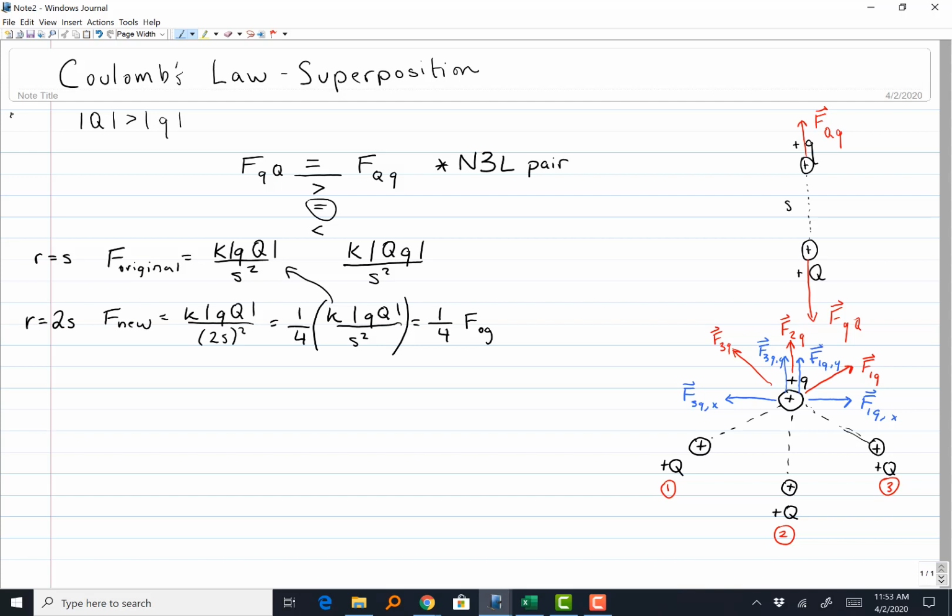And those 2 y components will add to the force from my charge 2 on q, and so we should end up with a force that's larger than the force that we found in part A. So the force in this specific situation in part B will be greater than the force in part A, but it'll be less than 3 times that force from part A.